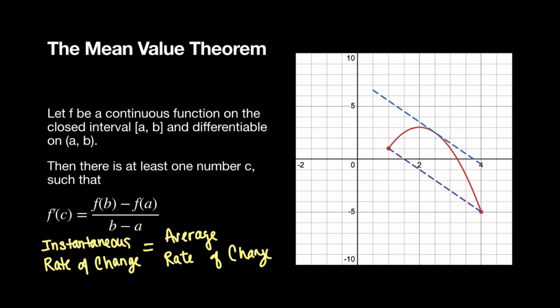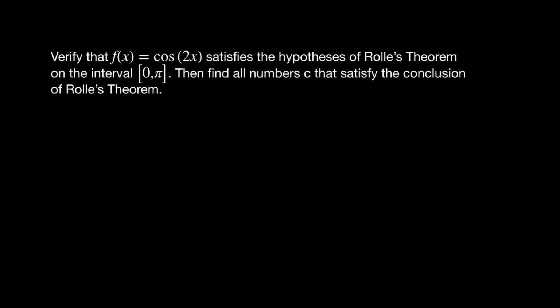If you tilt your head or tilt your screen, you should be able to see that this is really similar to Rolle's theorem. It's just tilted. So the mean value theorem says if we have a continuous differentiable function, there has to be a place where our instantaneous rate of change is equal to our average rate of change.